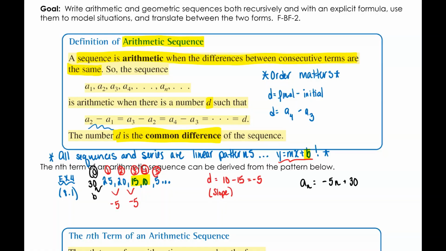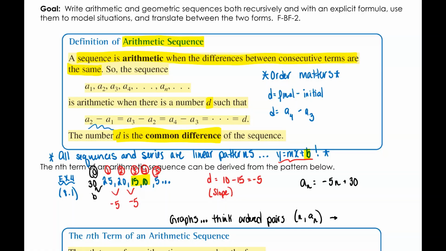And we're going to continue to work on this. Sometimes we also look at the graphs for these, if you think about these as ordered pairs. The ordered pairs go in n and then a sub n: the term number, the term position, and then the term's value.